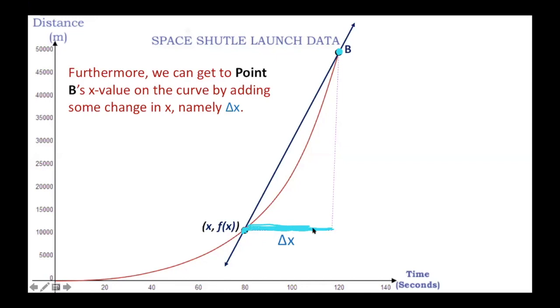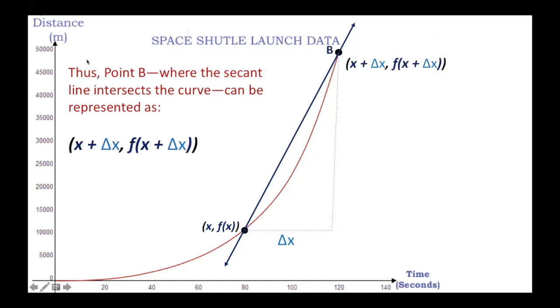Adding is going to move us to the right. And then if you move to the right, you also have to move up to hit the function again, which will take us to point B. So we're going to add some value that we're calling delta x. Thus, point B, where the secant line intersects the curve for the second time, can be represented as x plus delta x, comma, f of x plus delta x.